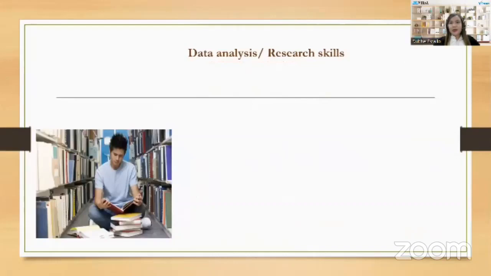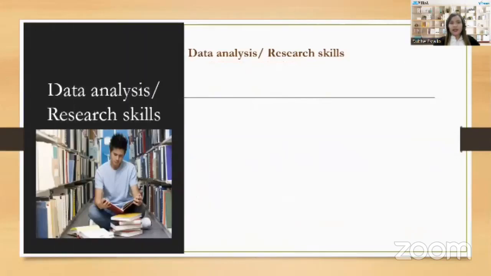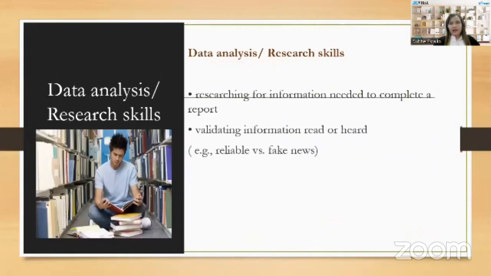Data analysis or research skills are obviously very beneficial in our students' future careers and in their day to day living when they need to research for information that they need to complete a report. When they have to validate information that they have just read, heard, or seen, such as when they have to determine whether a particular news is reliable or is fake.